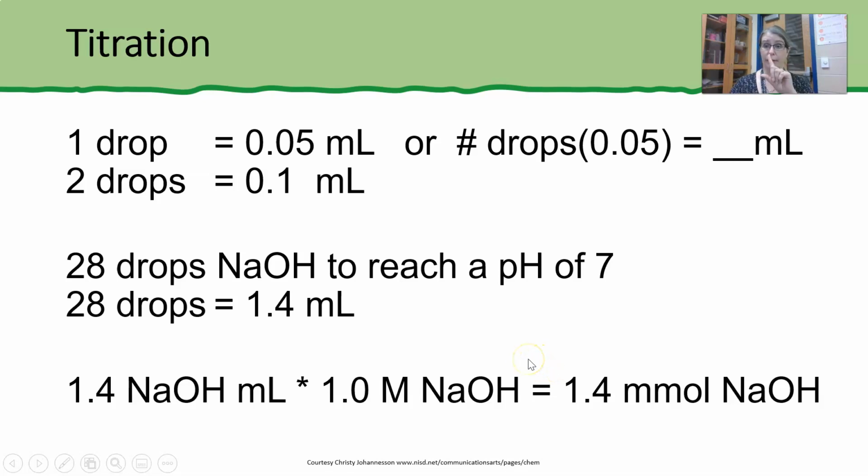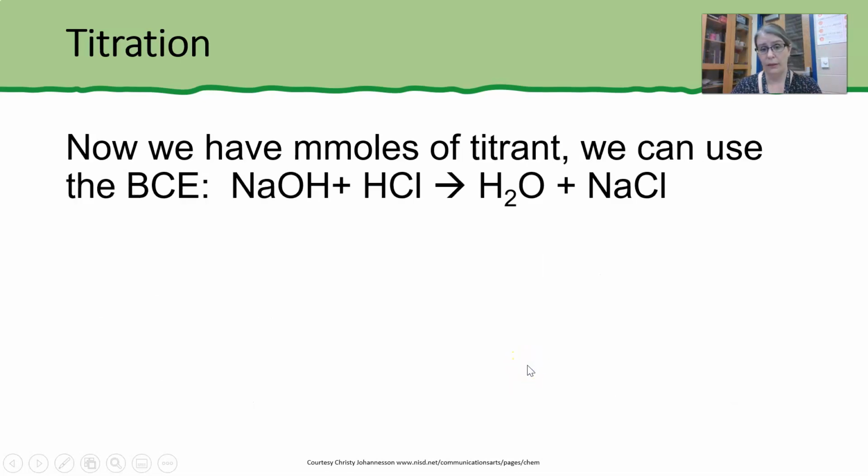Well, that was step 1, get into moles. Step 2 then is to use my stoichiometry. So now that I have my millimoles of titrant, millimoles of NaOH, I can use my balanced chemical equation to start talking about millimoles of the analyte, HCl.